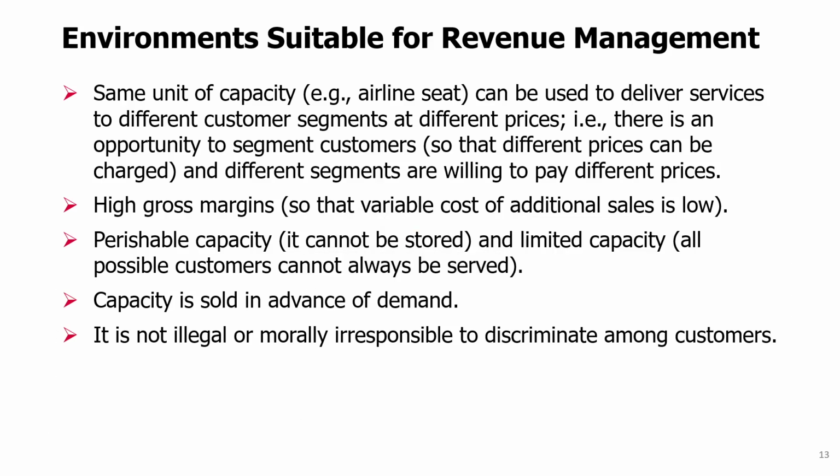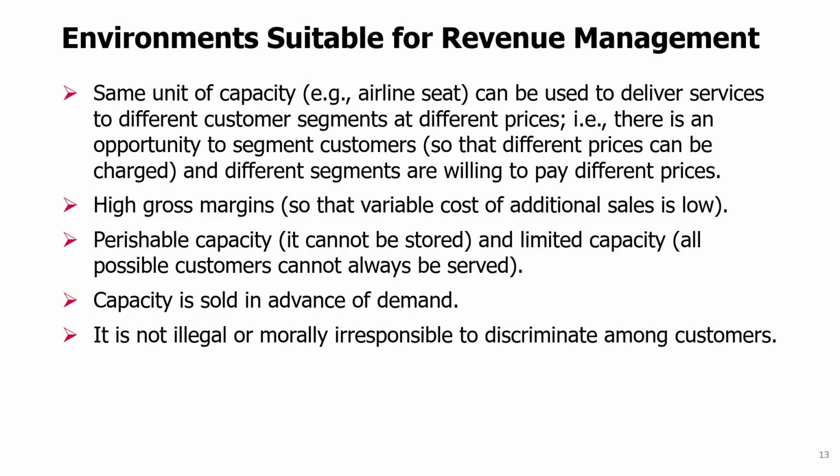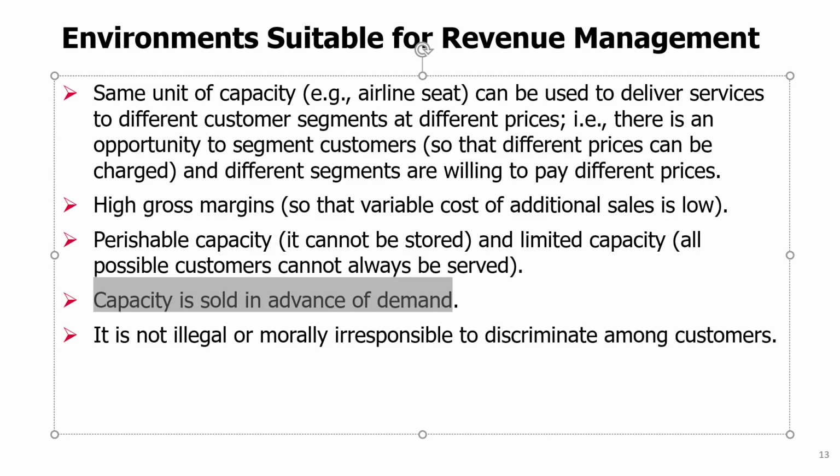This is another feature of an environment that is suitable for using revenue management. The fourth requirement, very important, is that capacity is sold in advance of demand. This is the case, for example, with airline seats: you buy the ticket ahead of time, sometimes many days before the flight, or you reserve your hotel, you reserve your car in a car rental, and so on.